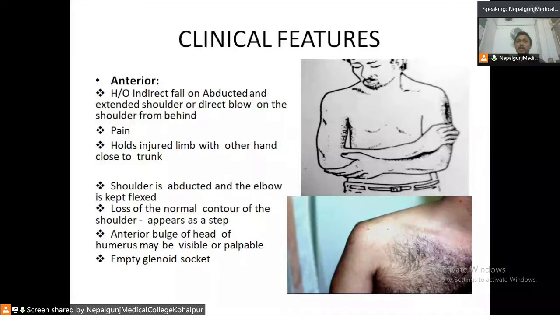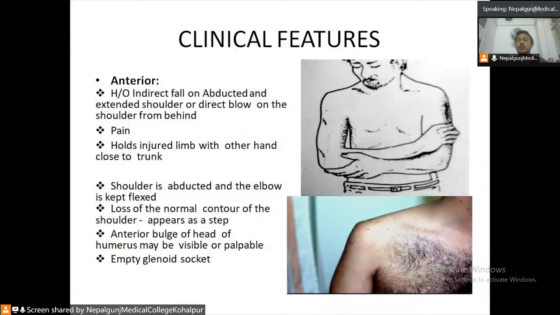The force transmits over here, and there's a high chance that the shoulder can get dislocated anteriorly. The patient will have, of course, pain and difficulty in movement.